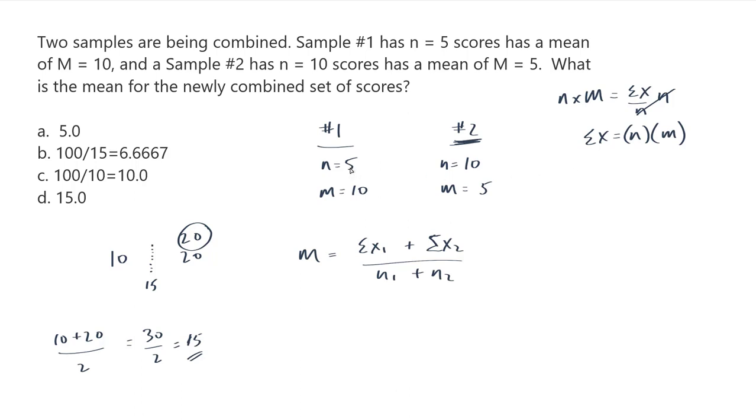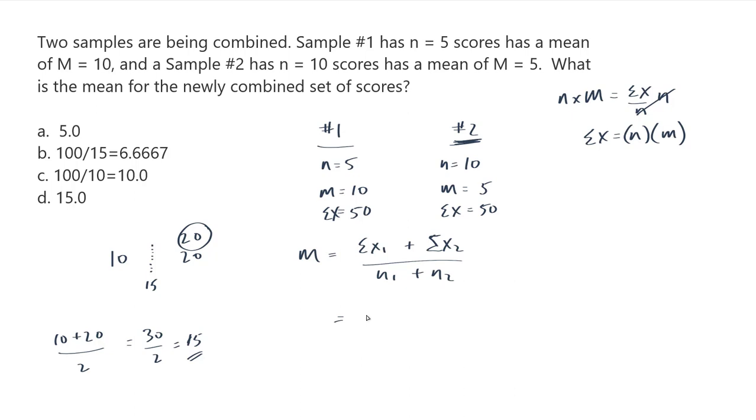So for sample 1, n is 5 times M of 10, which gives me 50. And over here, in sample number 2, n is 10 times 5, which coincidentally also ends up being 50.